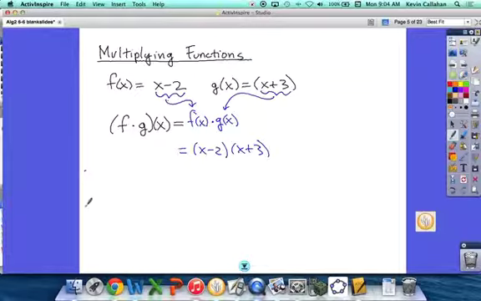All right. Now that would not be simplified. How do you simplify? Yeah, you're going to have to FOIL it. So FOIL it. x times x, x squared. x times 3, 3x. Negative 2 times x, and negative 2 times 3.